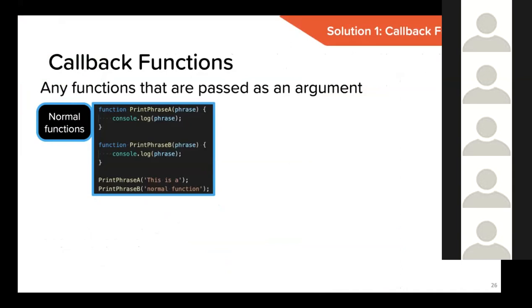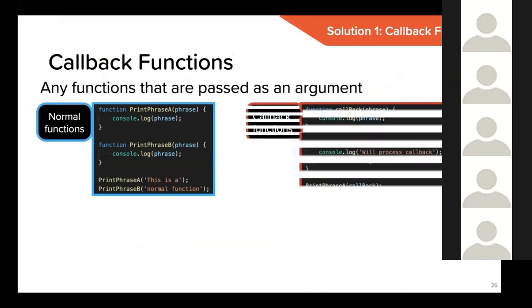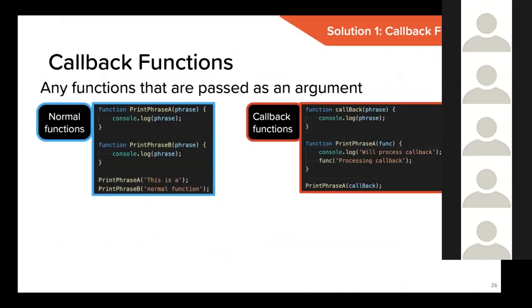So let's look at it from a coding perspective. Okay, I've got these normal functions, print phrase A and print phrase B. And if they were normal functions, they are separate, right? I execute the square in blue, and I'm going to see in my console 2 lines.